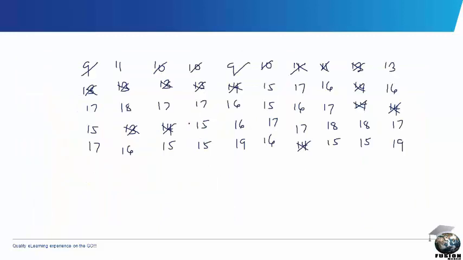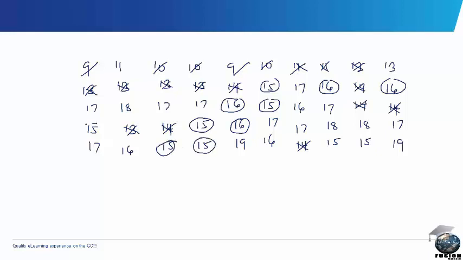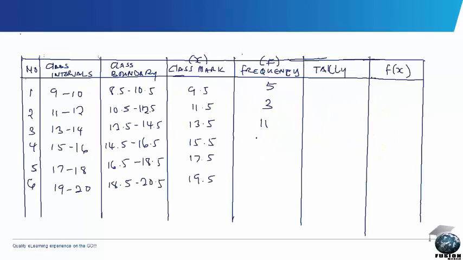Then 15 to 16, we have 1, 2, 3, 4, 5, 6, okay, 7, 8, 9, and 10, and 11, and 12, alright, and 13, and 14, alright, and 15. That's 15 to 16. Do we see any number 15 to 16 again? No, so we have 14.